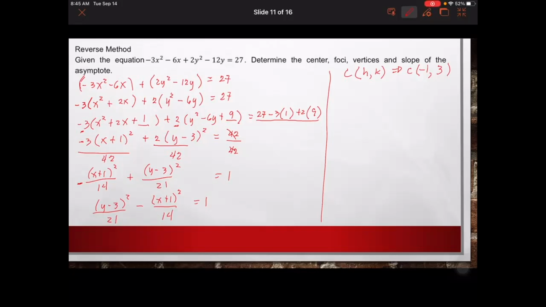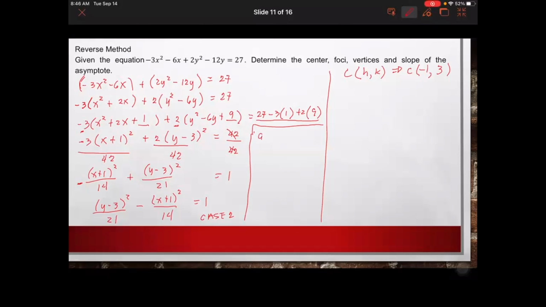Next, what case is this? Case 2. So all the formulas you will use are for case 2. Okay, so let's move on. We have here our letter A. What will be the value of our A?